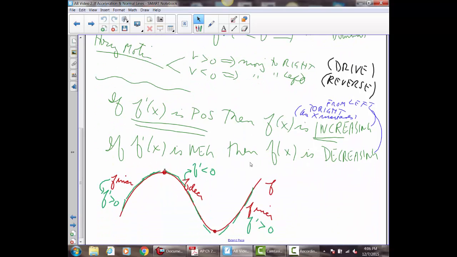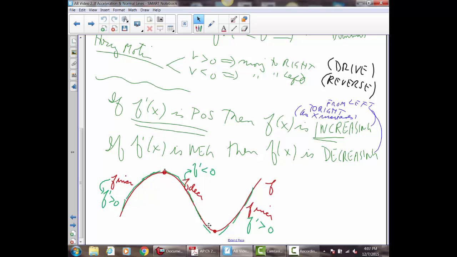So, again, and this is something we'll be looking at a lot in Chapter 3, if you look at a graph, this red graph f is increasing, then decreasing, then increasing. Remember, we always look at the graph's behavior from left to right. If I was to draw a bunch of little tangent lines, wherever f is increasing, the tangent lines will have a positive slope, so the first derivative is positive.